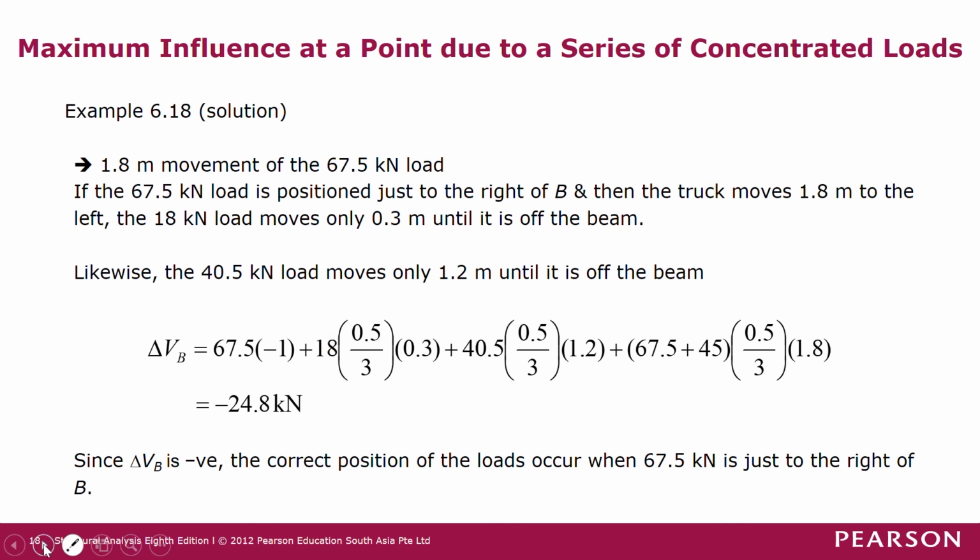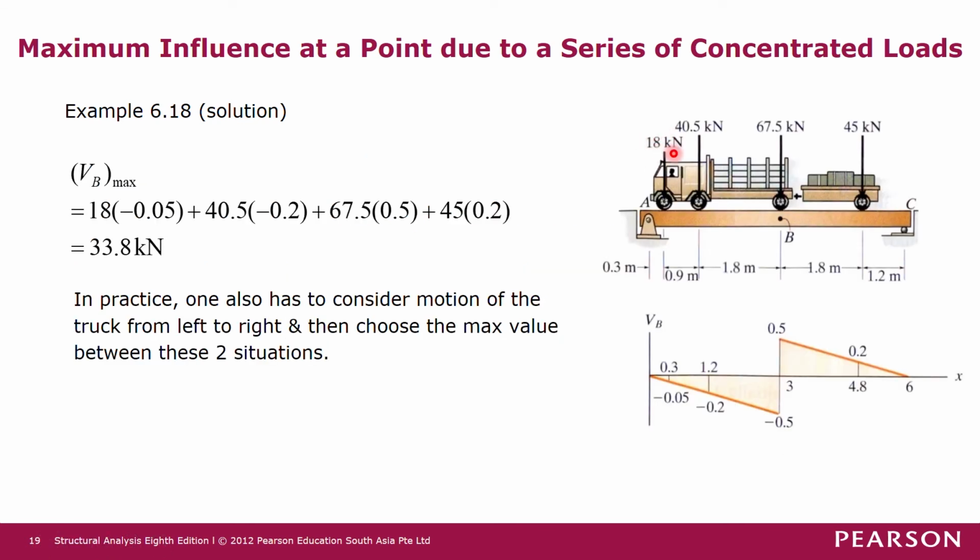As I mentioned just now, the 18 kilonewton force will move out of the beam after moving 0.3 meter, before it reaches support A. So it will only move on the influence line function by 0.3 meter before it reaches 0.